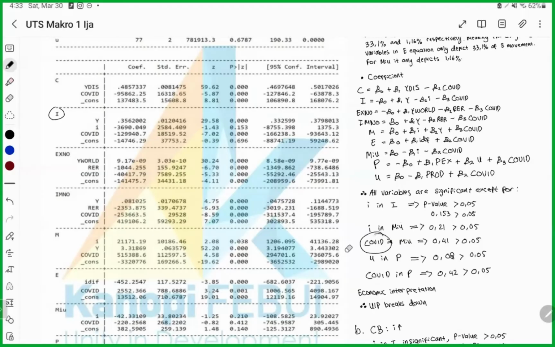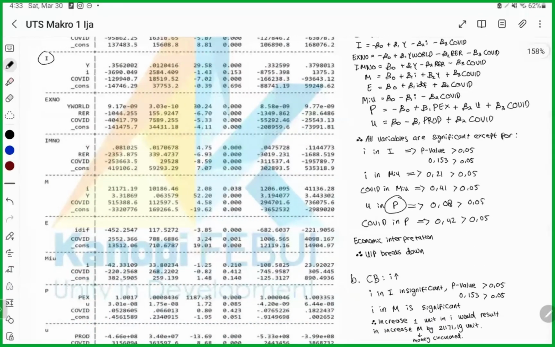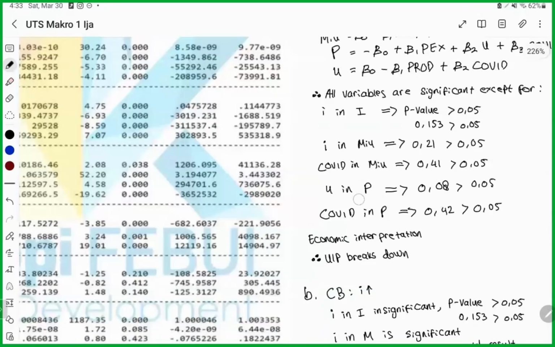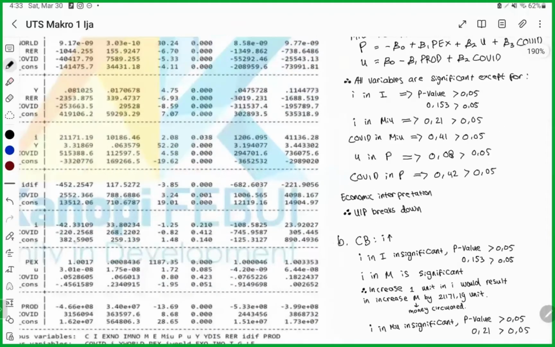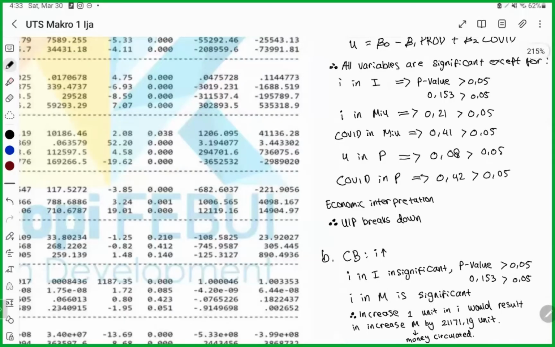And then profit in MIU. And then U in P, I guess it's unemployment in P, and then COVID in P. These are insignificant throughout the models.